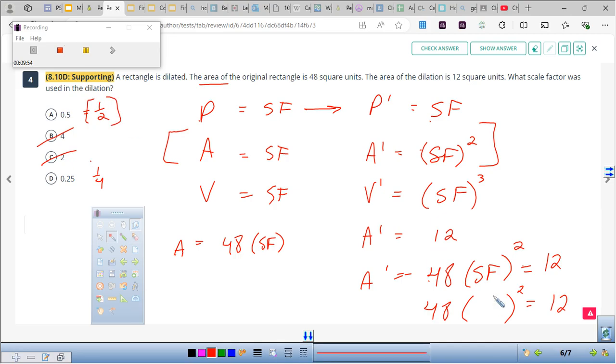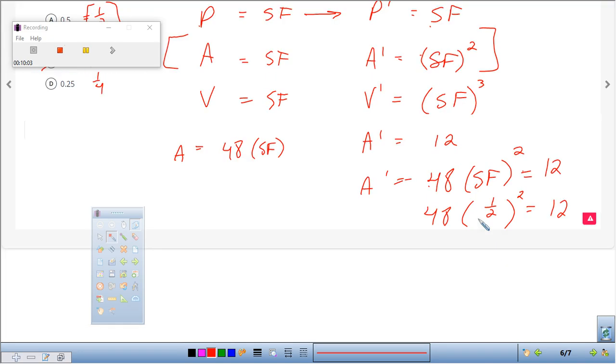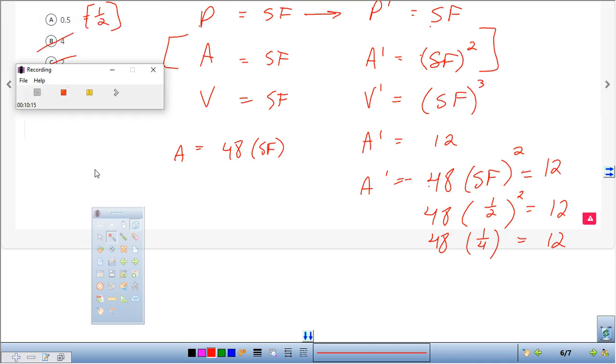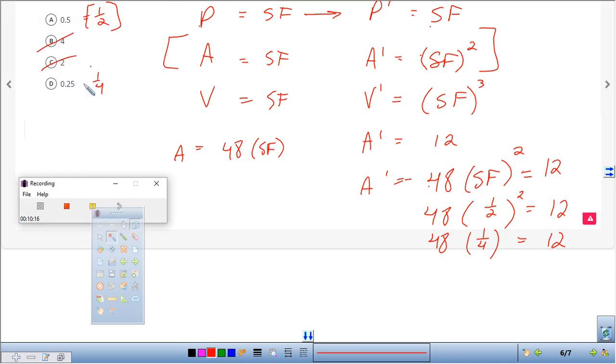We go with 1/2. So 48 times 1/2 squared, which is 1/4, gives me 12, and that checks out. So 1/2 squared is going to be 1/4. That's the idea right here, and that's where this number comes in. It's going to be a misleading one.